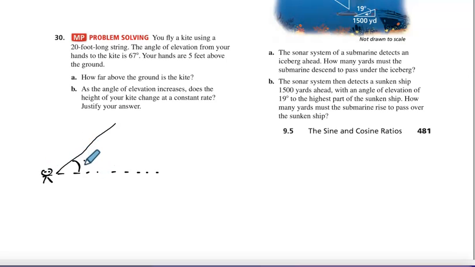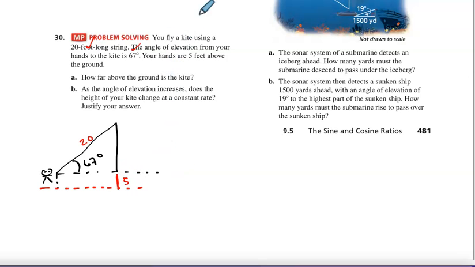So the angle of elevation is 67 degrees. There's my string, that's 20 feet. Your hands are 5 feet above the ground. So I got 5 feet there. Right, so there's the ground. So this part here is 5 feet.